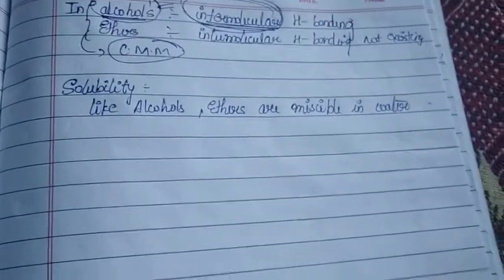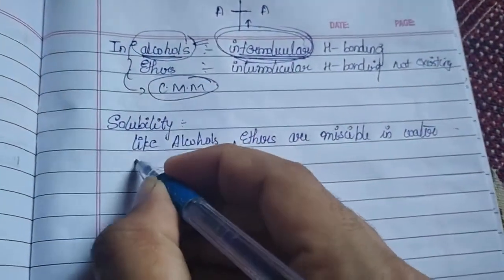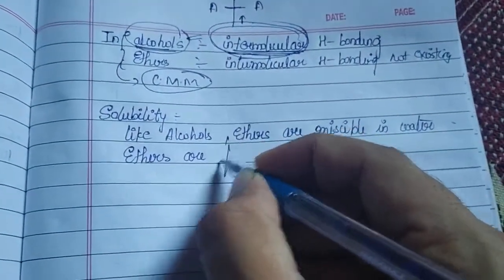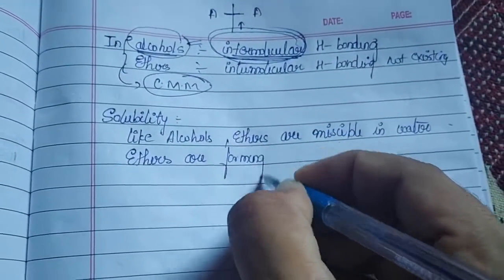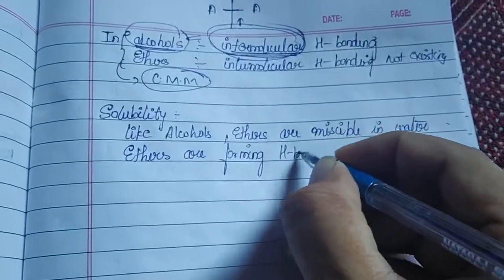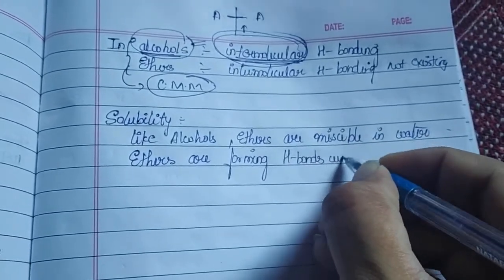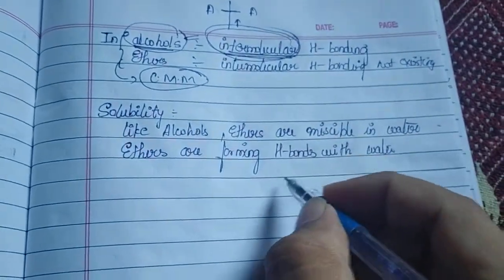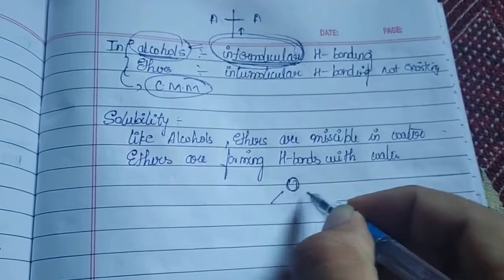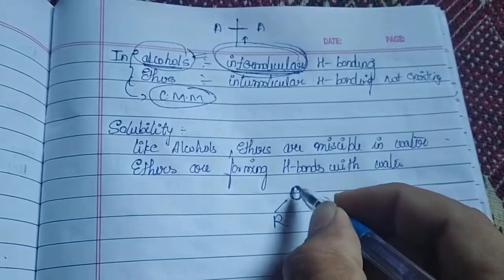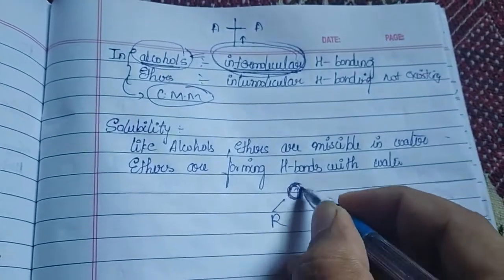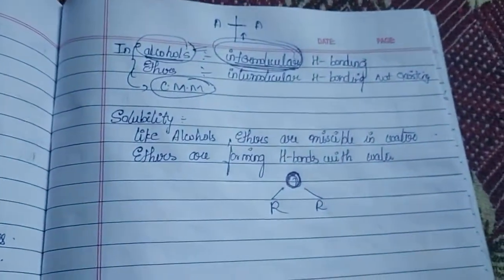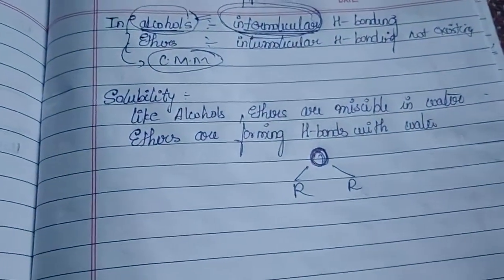The only reason for its miscibility is that ethers form hydrogen bonds with water. Whatever hydrogen bond is formed is by the oxygen of the ether, and that is the reason ethers are soluble in water.